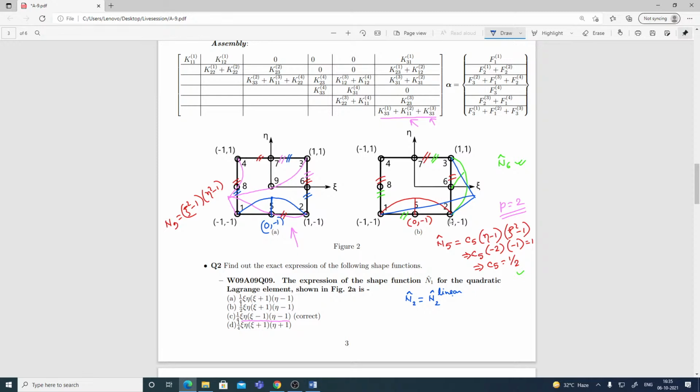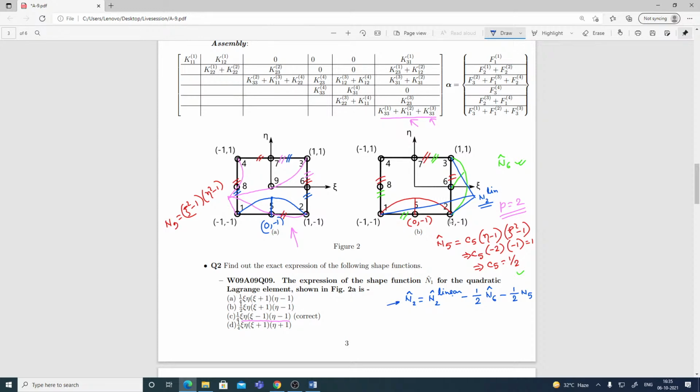And at node 6, this N2 linear, which I am writing as N2 lin, is half at node 6, so I have to subtract half of N6, which I already calculated, and similarly half of N5. That will give me the N2 for the serendipity element.